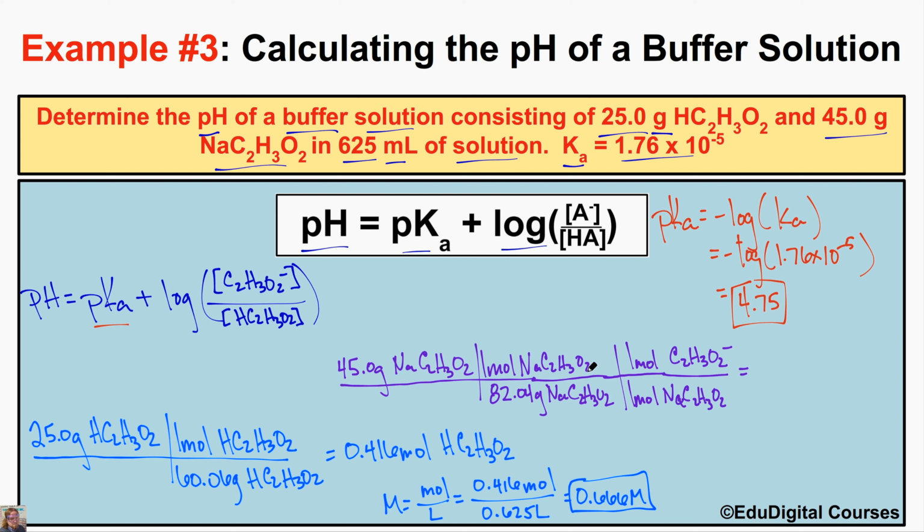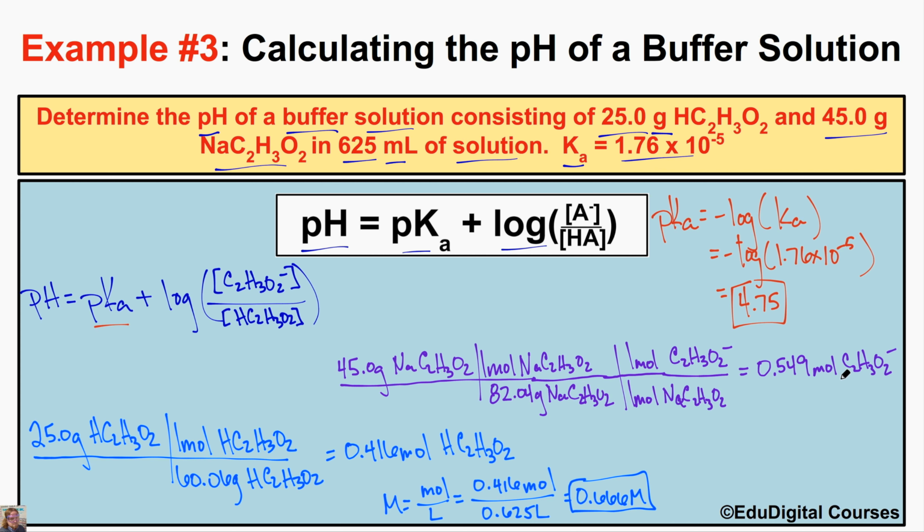And so when we take 45.0 and divide by 82.04, we get 0.549 moles of our conjugate base C2H3O2 minus.